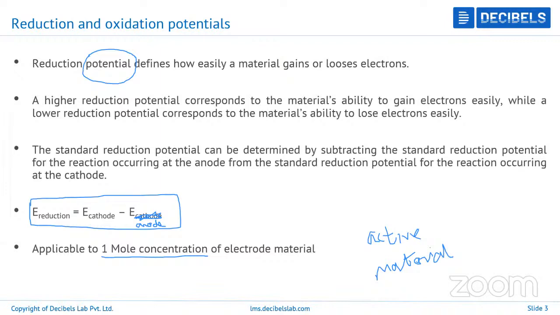Let's say if you're taking up a lithium cell, its active material would be lithium, some metal, and its oxide, all put together with binders and additives and separators. Likewise for the other electrode, you will have active material like graphite mixed with lithium and carbon as such. That is what is meant by electrode material, and 1 mole concentration of this is 1 molar substance of each of this material.